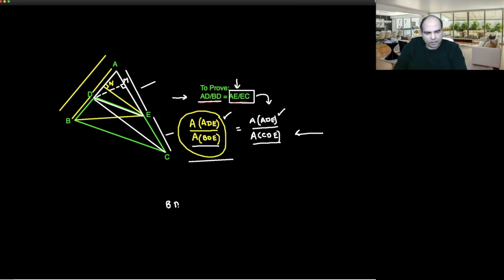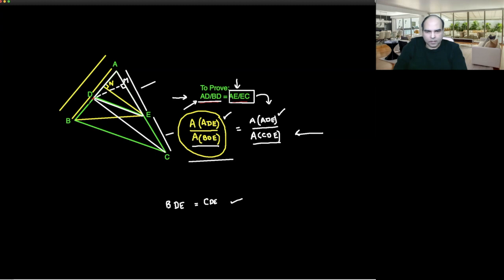So the thinking takes you to this point, and your thought process moves to this trigger point where you have to think about why BDE and CDE are equal. Because if you can do that, that's the last hurdle in this question. If you can do that, you will be ending this proof. So if you think about why BDE and CDE are equal, let's just focus on what BDE is.